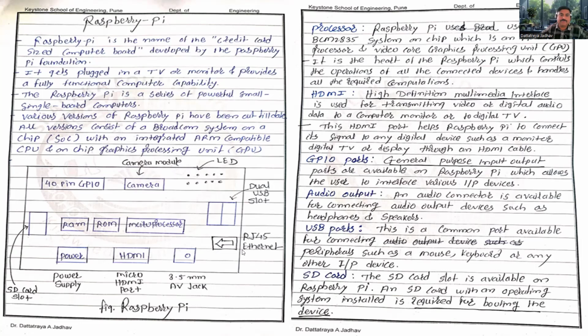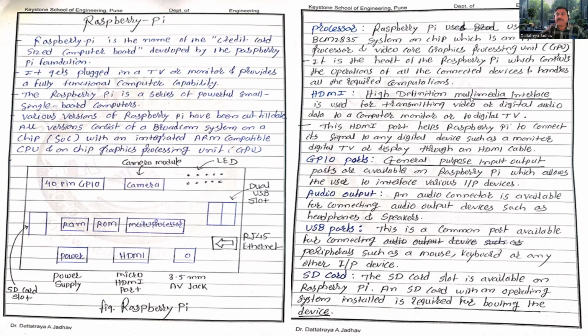So considering this diagram of a Raspberry Pi, which contains a number of components, this is the camera module. These are the LEDs, then dual USB slot, then RJ45 Ethernet, then 3.5 mm AV jack. This is a micro HDMI port, then power supply, and this is the SD card slot.